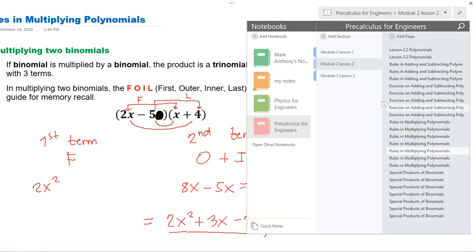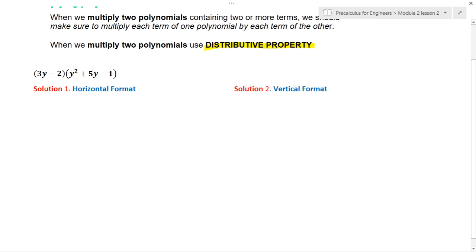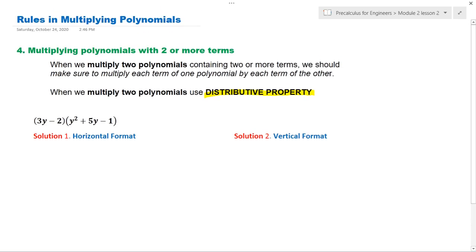Okay. So, next, we have multiplying polynomials with 2 or more terms. So, when we multiply two polynomials containing 2 or more terms, we should make sure to multiply each term of one polynomial by each term of the other.